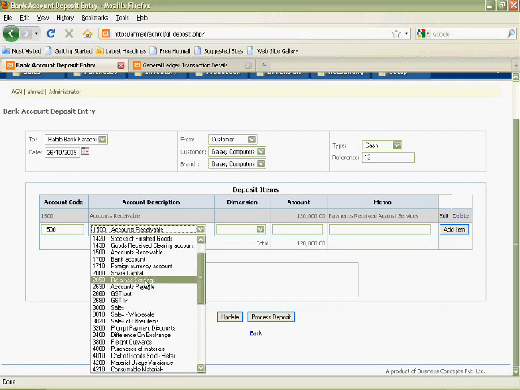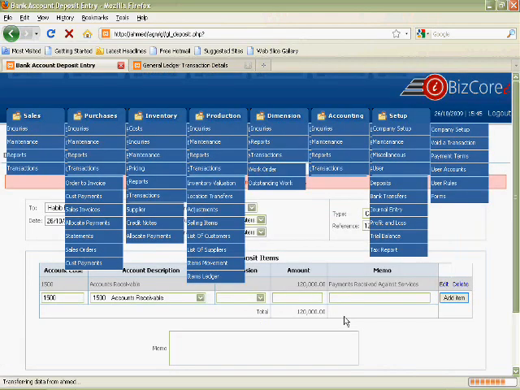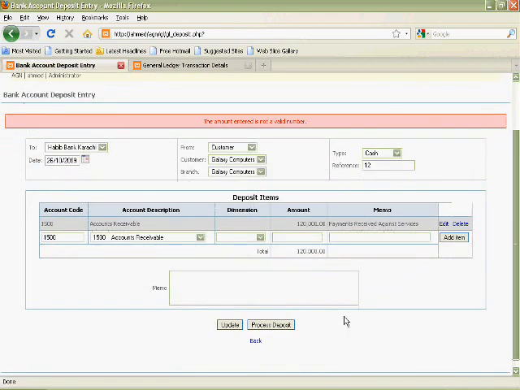You can add memo. Amount entered is not valid. Okay. Process deposit. You can view GL posting for that.